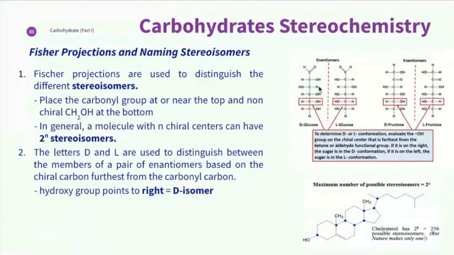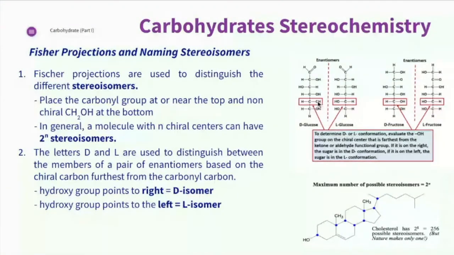So if you look at this glucose here, the carbonyl group is here. So where is the furthest chiral carbon? This is one chiral carbon, and this is the furthest chiral carbon from the carbonyl group. Based on this chiral carbon, you decide whether it is in the D or L configuration.